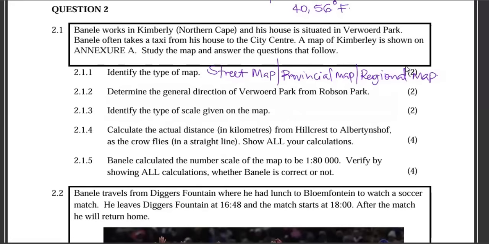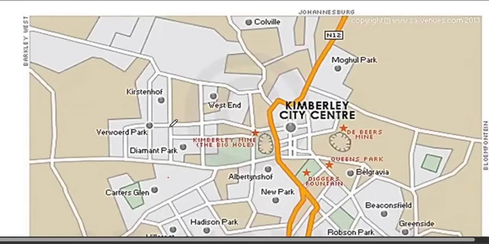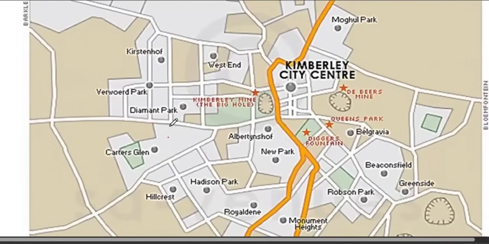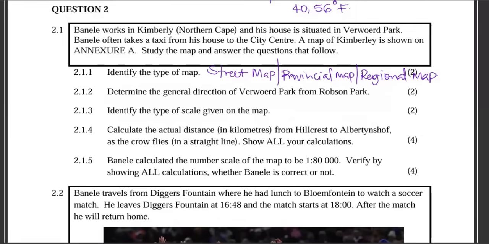Give the general direction of Van Mohon Park from Robinson Park. We're coming to the next question here. They're asking us to give the general direction. Now, look at that place first before you continue. They are telling us which place: from Robinson Park, so meaning you start from this place.